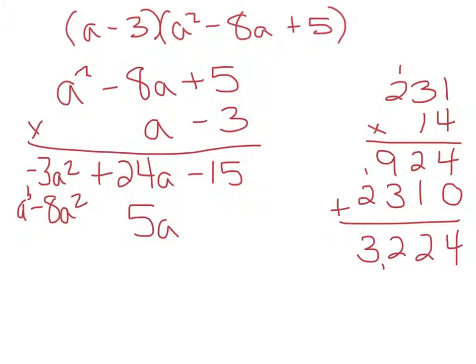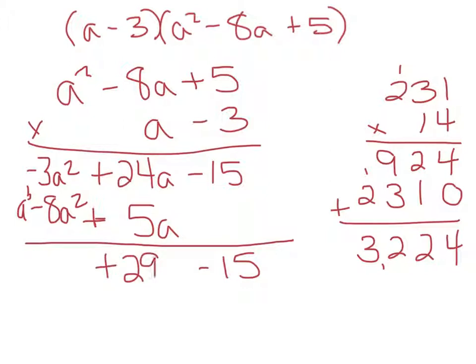Okay, so then when we add these together, again, we can draw our line and add them just like we did in this problem over here. Can add them. Negative 15 plus, well, nothing is negative 15. 24a plus 5a is 25a, or 29a, sorry.